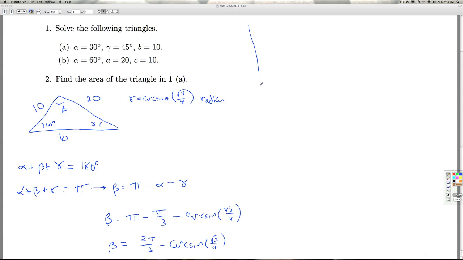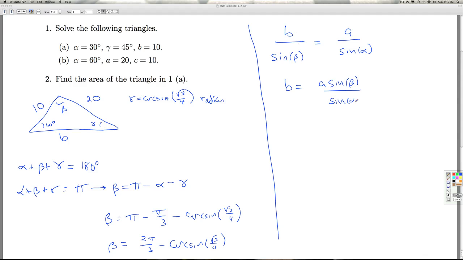Okay, so now to find b, I can use law of sines. Oops, I'm looking for a side, so I'll put the side on top. So b over sine beta is the same as a over sine alpha. So b equals a sine beta over sine alpha.